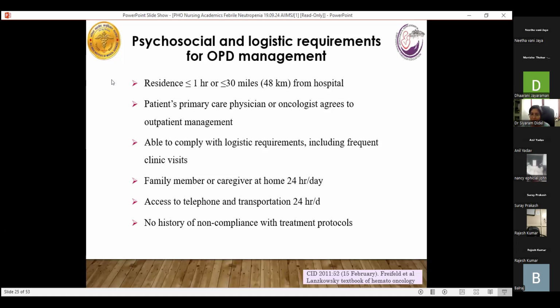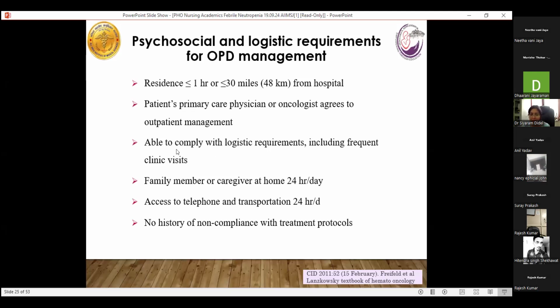Second, a few patients are not continuing treatment at the nearby hospital; they are taking treatment from some other place and might present to some other physician. So the decision of OPD management should be taken by the primary care physician or the oncologist. It has to be discussed with the primary care physician and oncologist whether to manage this patient as an OPD patient or whether the patient needs admission.